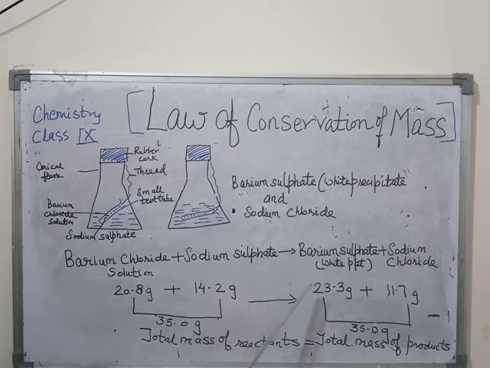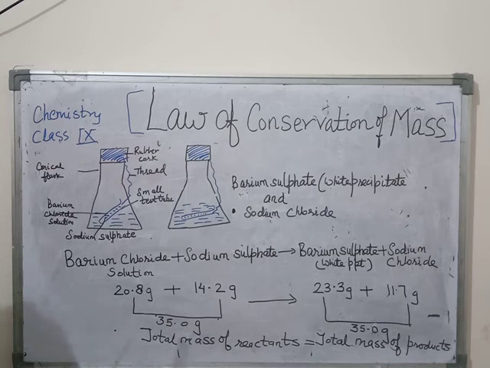Then the mass of barium sulfate is taken as 23.3 gram and the mass of sodium chloride is taken as 11.7 gram. After adding the products, barium sulfate and sodium chloride, it also comes to 35 gram. It means that the total mass of reactants is equal to the total mass of products.